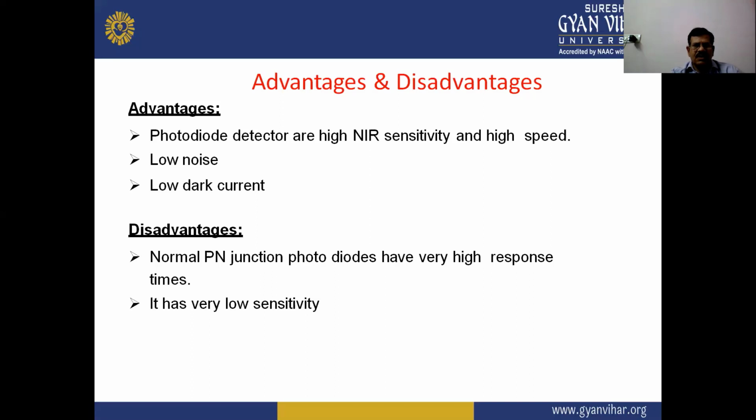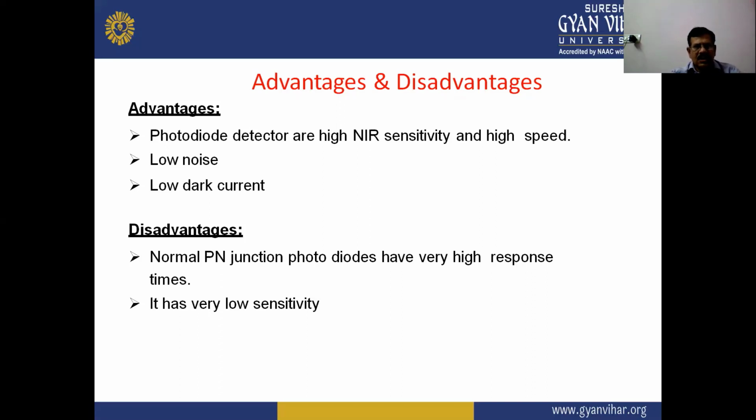The second is low noise, which is a very important advantage. Also, the third advantage of the photodiode is low dark current, or low reverse saturation current, in the range of microamperes to nanoamperes. So this is a very low amount of dark current.